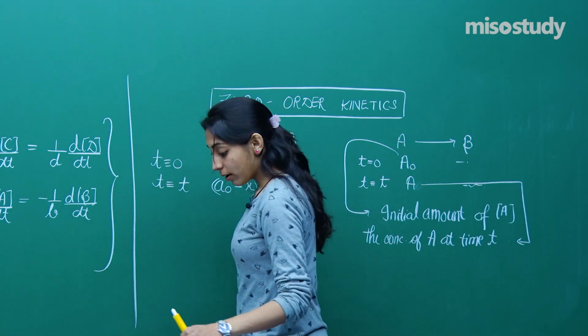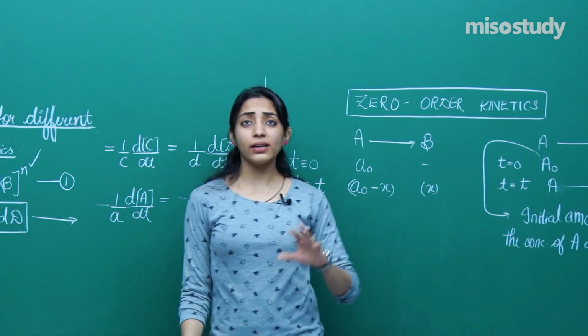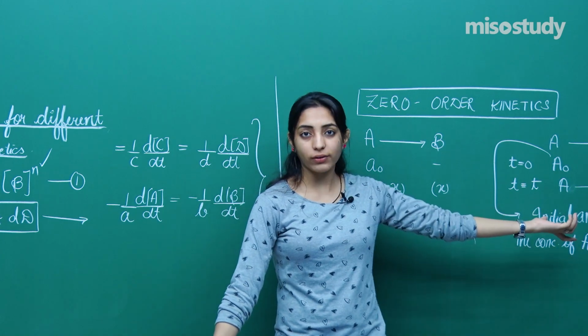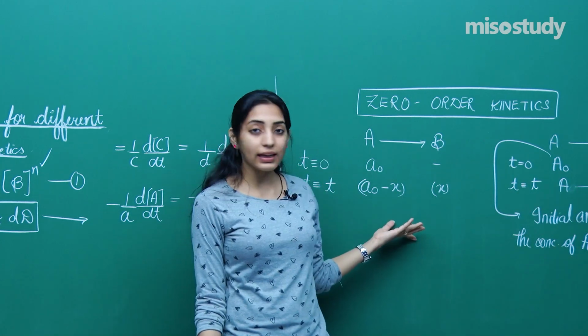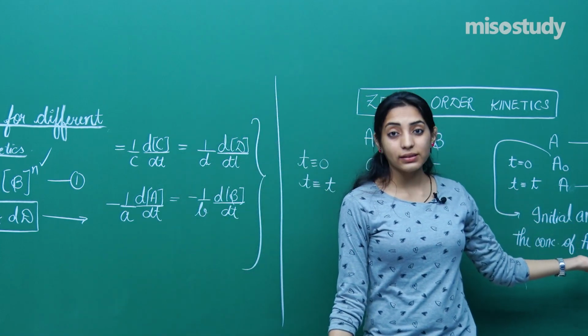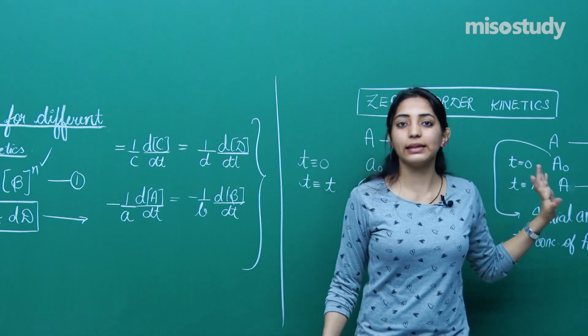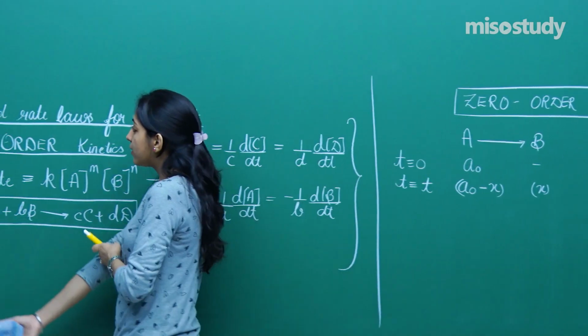Now if I move on further, see, I can do the integration and find out the rate law expressions by either solving this thing or solving that thing. So I'll do both of them, because in certain books this particular thing is given, in certain other books that thing is given. So I'll go by both, but let me first start with this because I like this particular pattern more. So let's see.